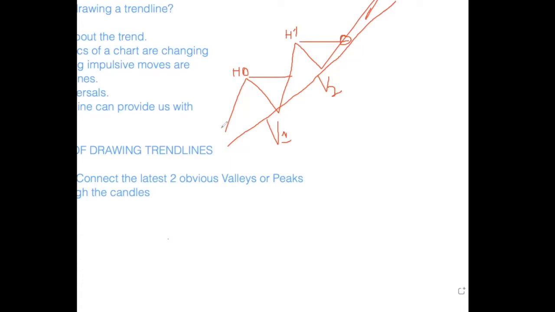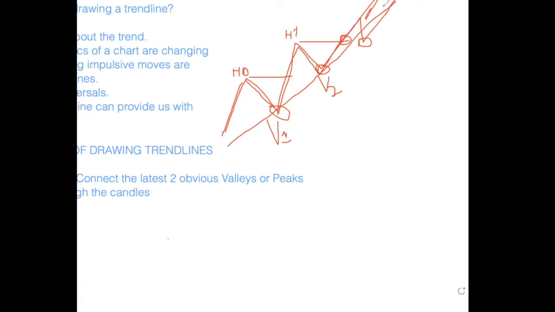So usually what happens, these are impulse, correction, impulse, correction, impulse, correction. These impulses, guys, usually that's where you enter your positions. These reversals, these corrections, they help you to join the trend.